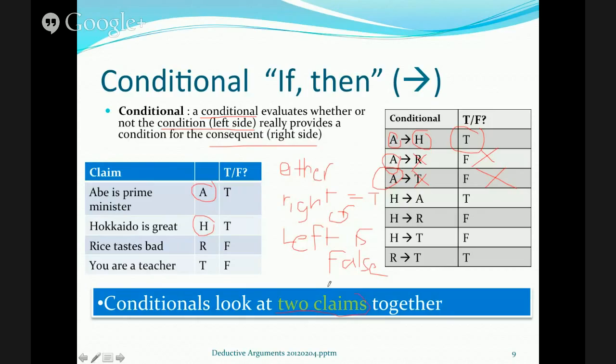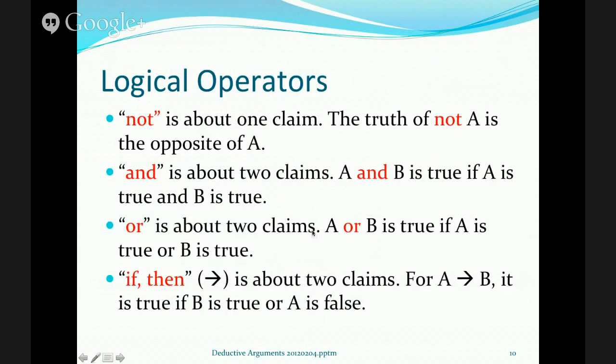But again, a conditional looks at two claims. So just to summarize what we've said. The word not is about one claim or one group of claims. The truth of not A is the opposite of A. And is about two claims.